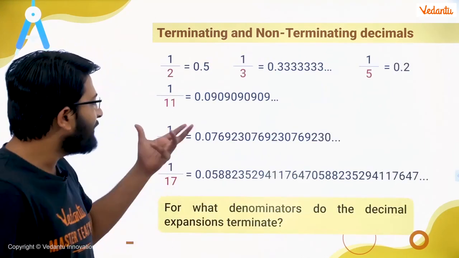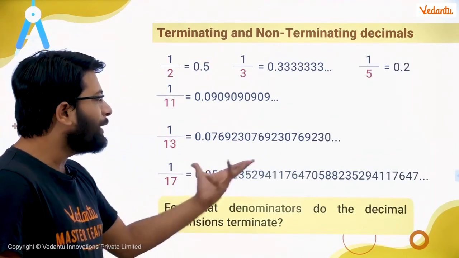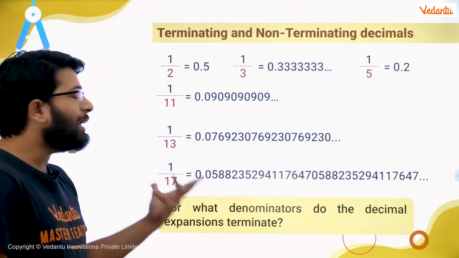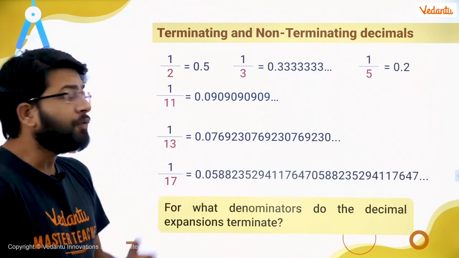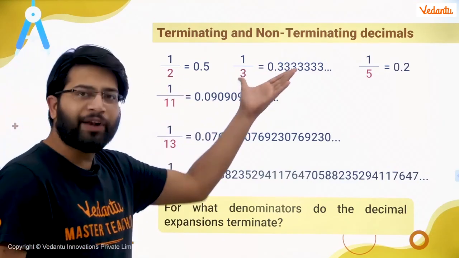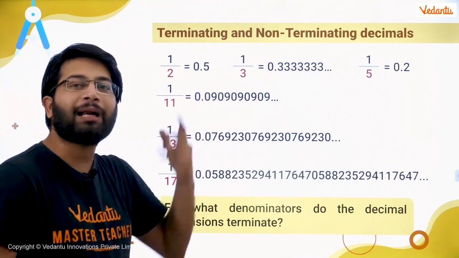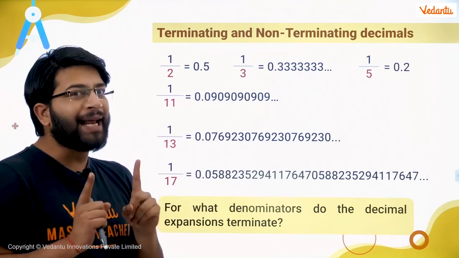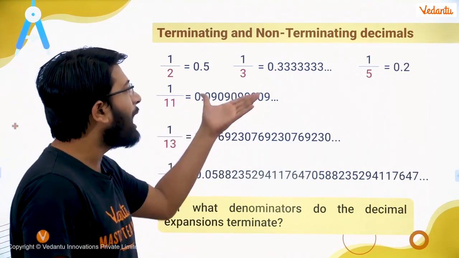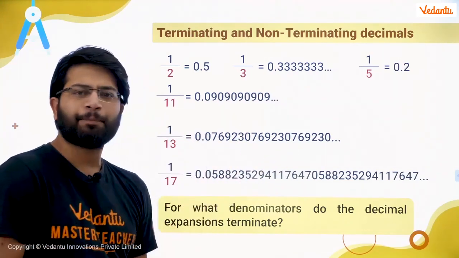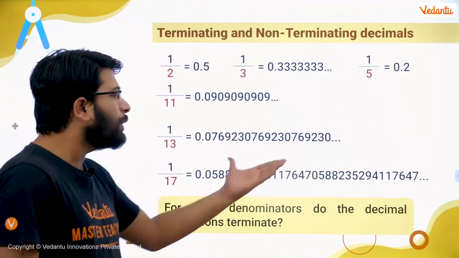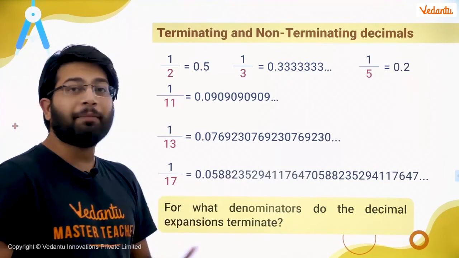So champ, for what denominators does the decimal expansion terminate? We can see that some of the decimals are terminating, whereas some of the decimals are not terminating.